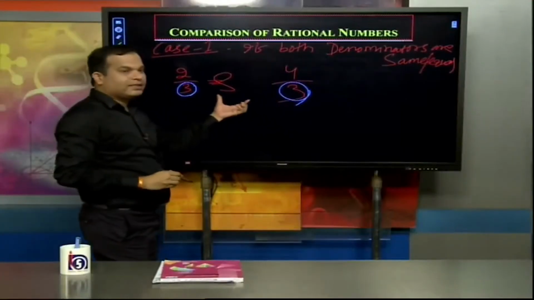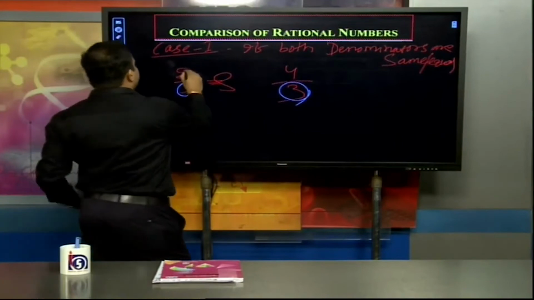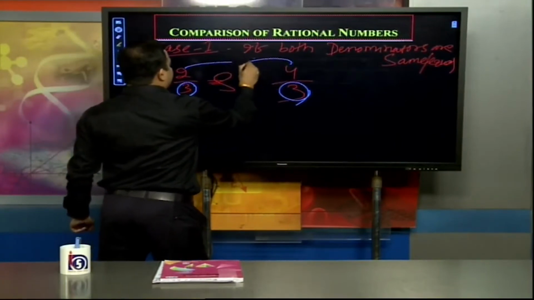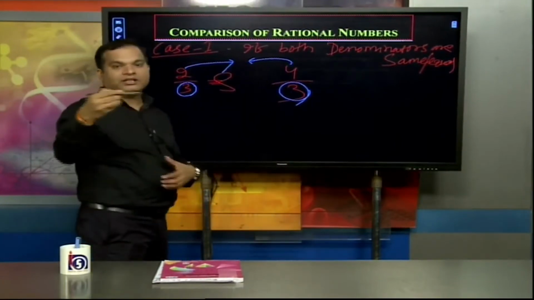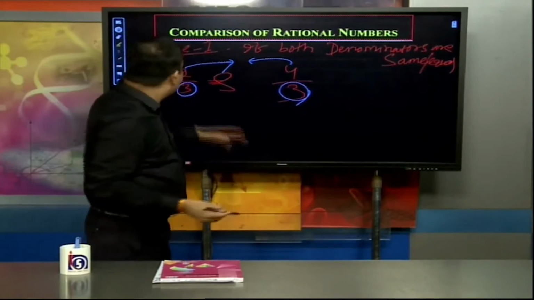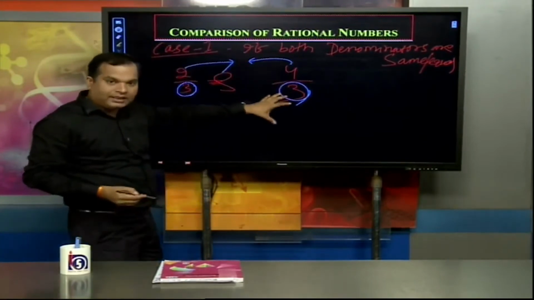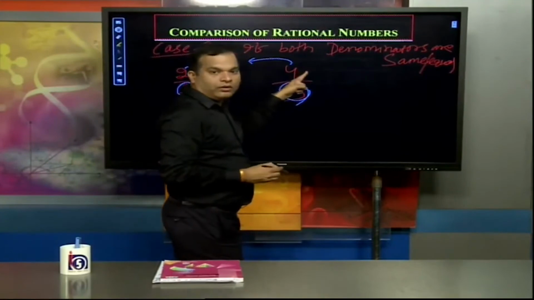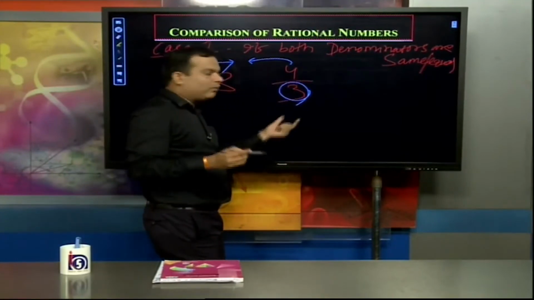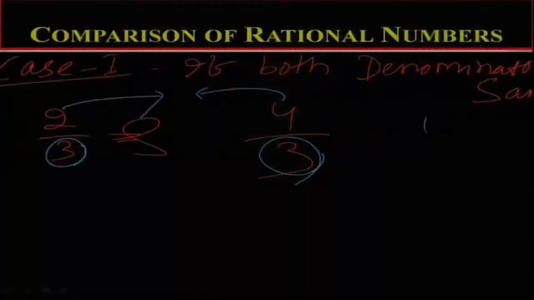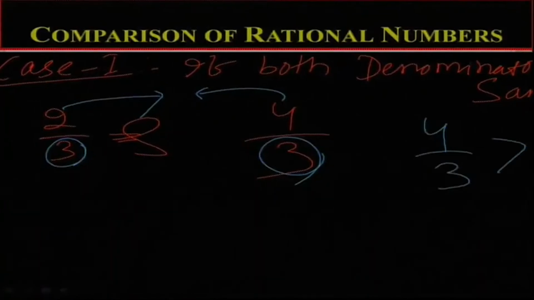In that case, we compare the numerator and the numerator. Greater the numerator, greater the rational number. In 2 by 3 and 4 by 3, 4 is more, so 4 by 3 is greater than 2 by 3. That is the simple funda.